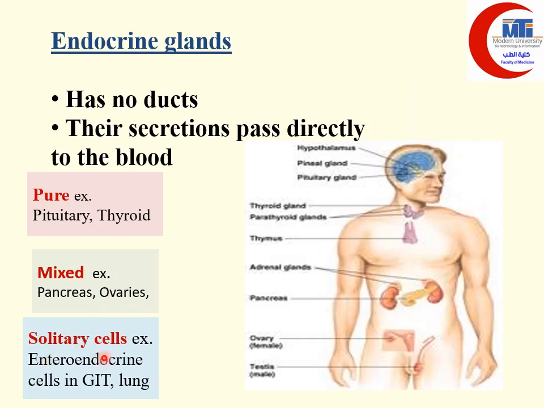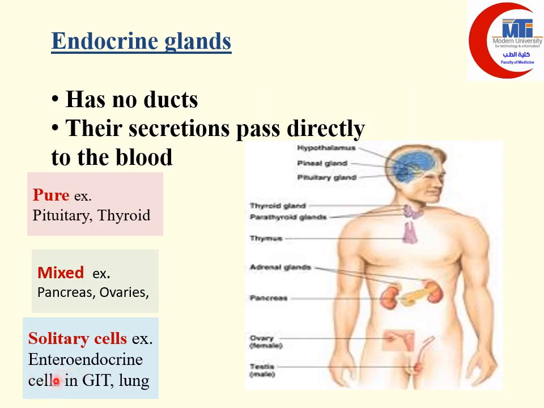Solitary cells means that these cells are scattered between the cells of the GIT and lungs. These cells are considered endocrine cells, as they secrete directly into the blood through the fenestrated blood capillaries surrounding them, not into the lumen.